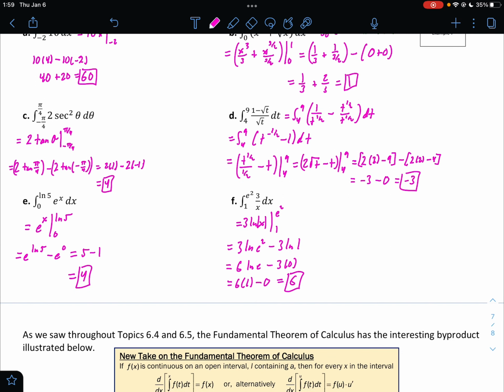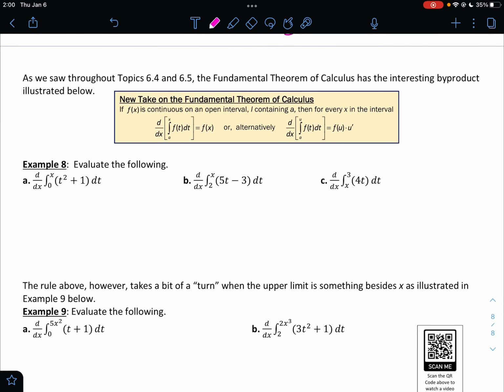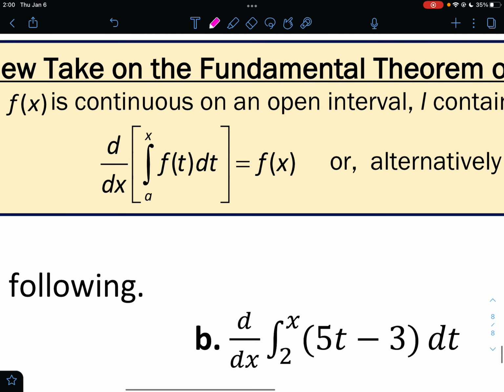So that's the first part of the fundamental theorem of calculus. The second part of the fundamental theorem of calculus, as we saw in earlier videos as well, says that if you have the derivative of an integral where the top bound is a variable, basically we just substitute that variable into the integrand.